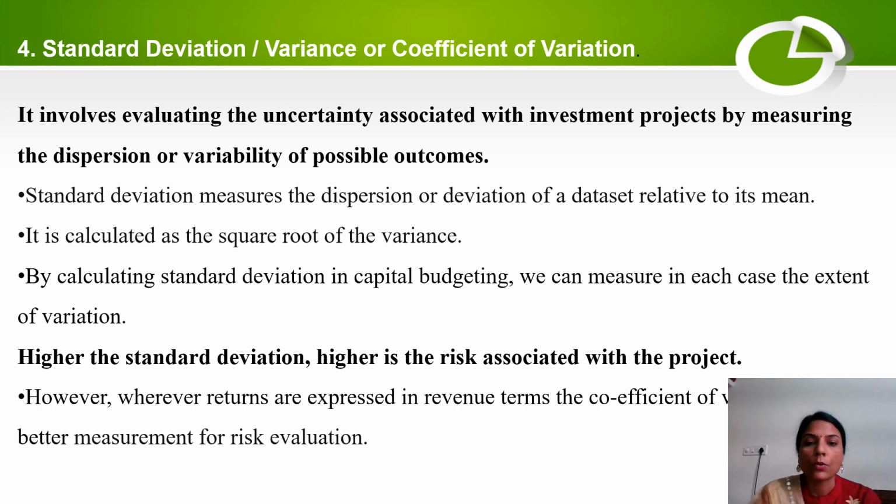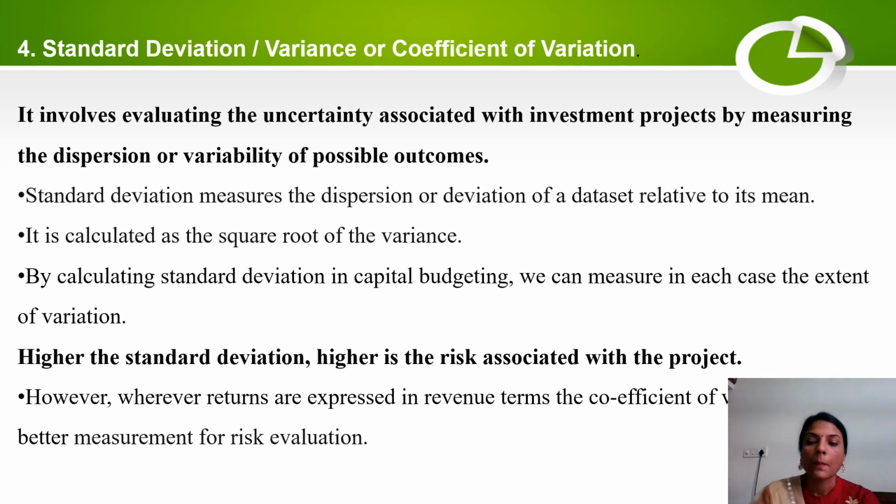That's why it is also known as root mean square deviation or RMS deviation. It is calculated as the square root of variance. By calculating the standard deviation in capital budgeting, we can measure in each case the extent of the variation from the mean cash flows.